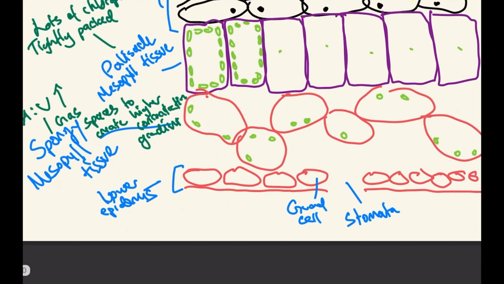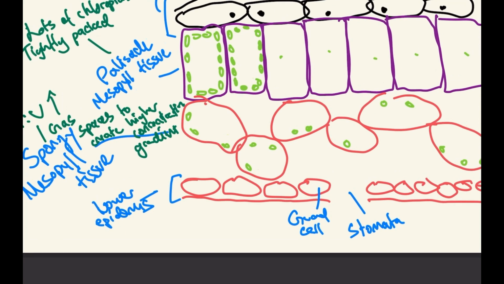Now, as you go down, we enter the lower epidermis, and this contains a stomata. The stomata is where gas exchange takes place. So during the day, when photosynthesis is active, it will open up, and this allows all the gas to exchange, the carbon dioxide to come in and the oxygen to go out. And during the night, it will close. This will prevent evaporation.